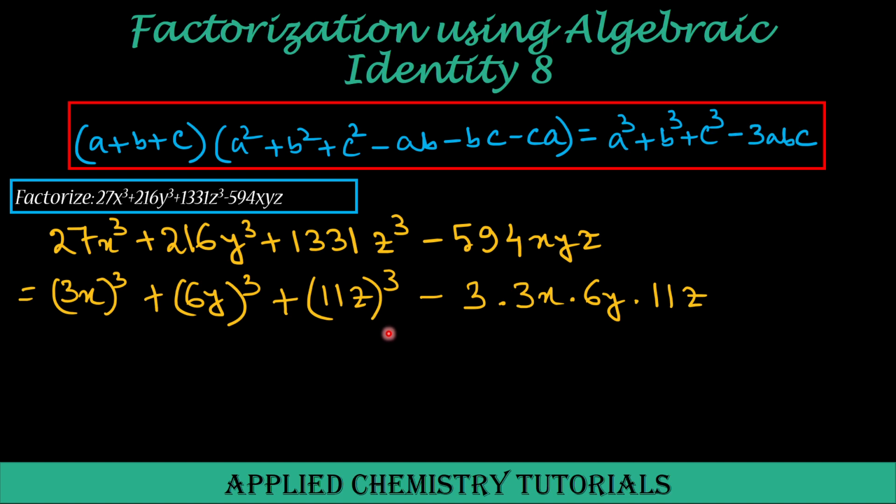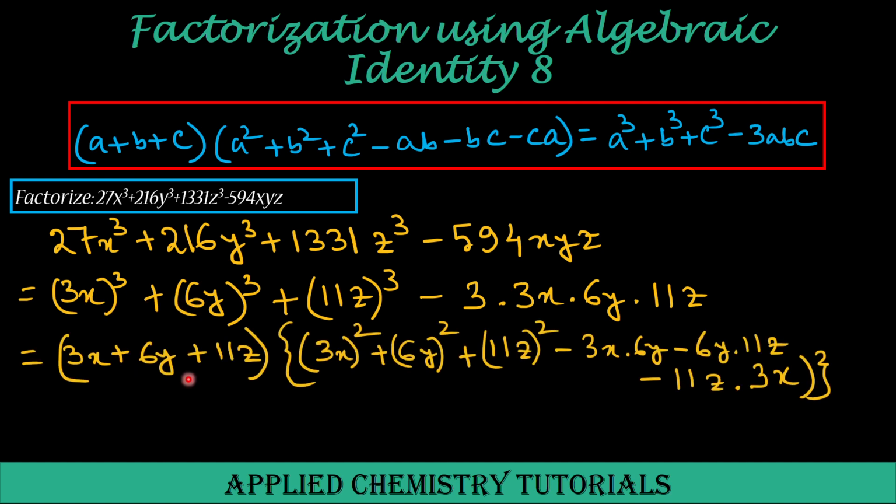So now we can rewrite it in this format, which is (3x plus 6y plus 11z) whole multiplied by this second factor here: (3x) whole square plus (6y) whole square plus (11z) whole square minus 3x multiplied by 6y minus 6y multiplied by 11z minus 11z multiplied by 3x.